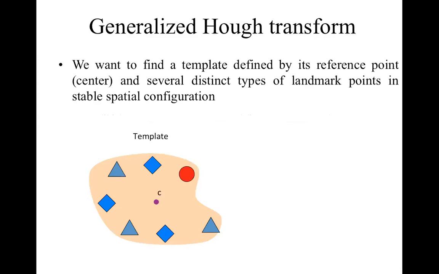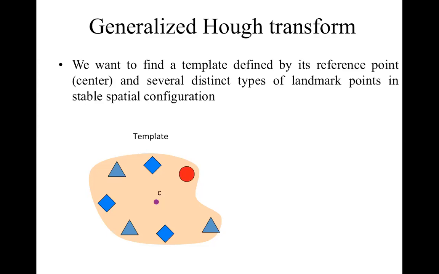Okay, now if we move from straight lines and circles to general shapes, we get what is called the generalized Hough transform. Here the problem is that we want to find a template that is defined by its center, its reference point, and we have several distinct types of landmark points in a stable spatial configuration.